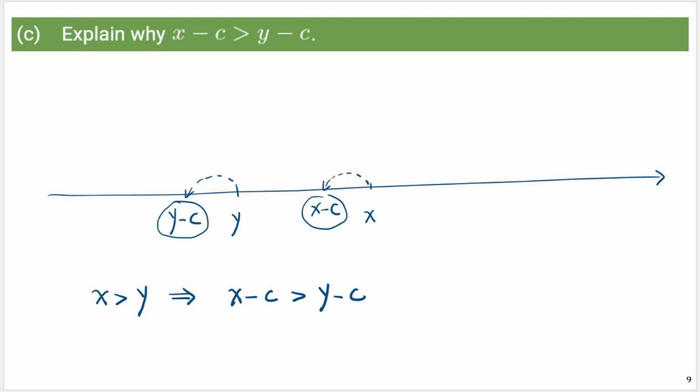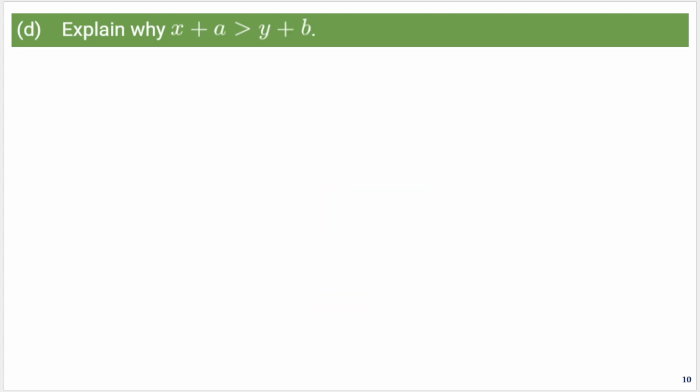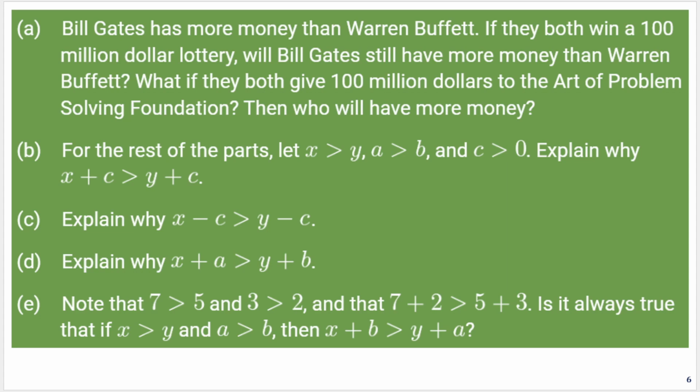Do you have any questions? Okay, if not, let's have a look at question D. Can you explain why x plus a is greater than y plus b? Remember the relationship between x, y, a, and b.